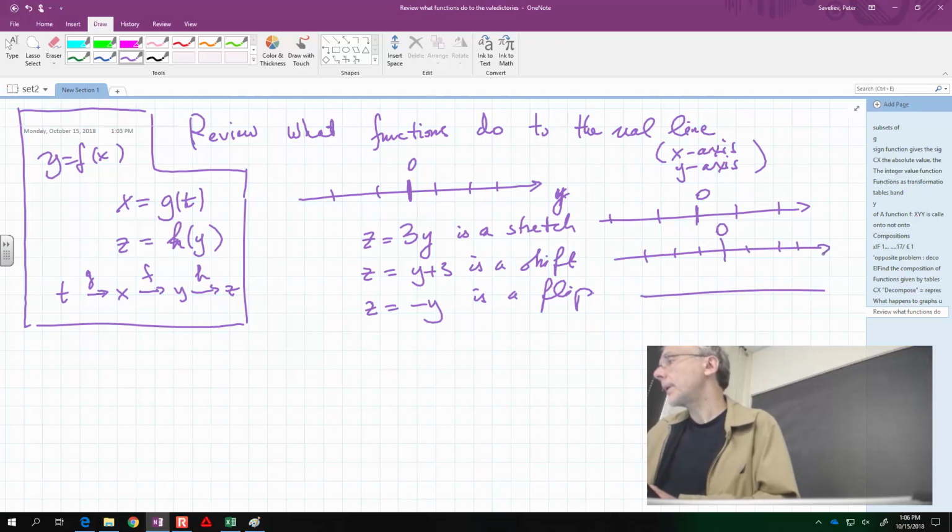And flip, it's as if the positive direction points in the opposite direction.